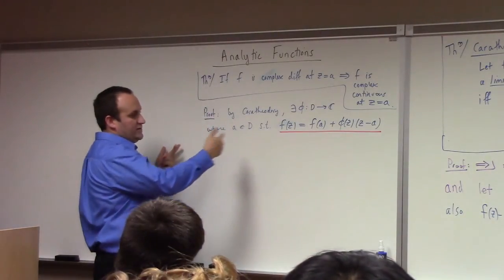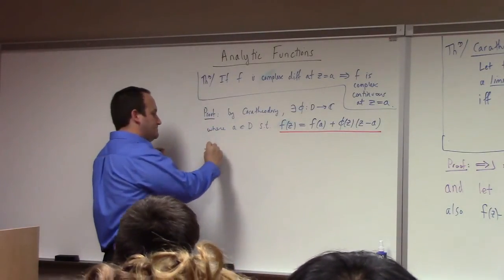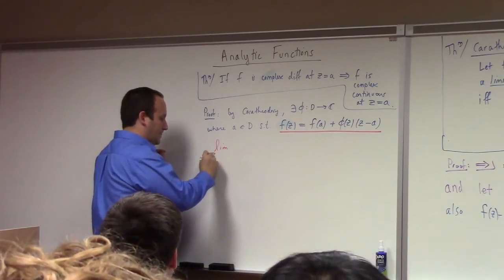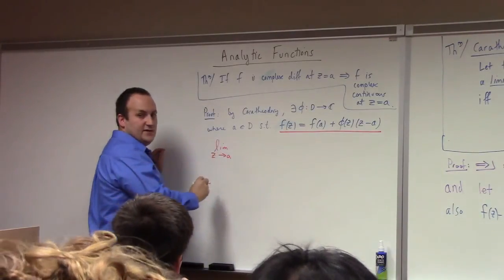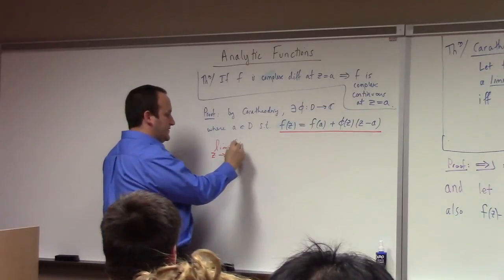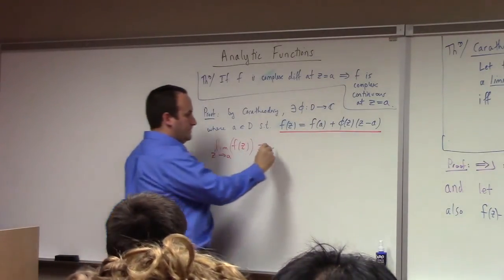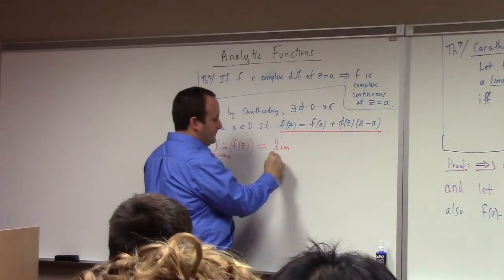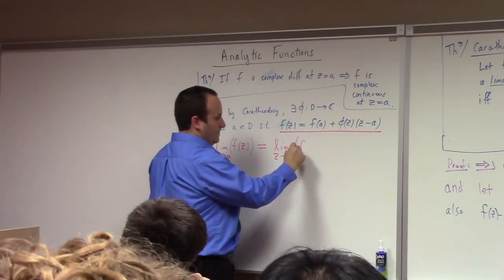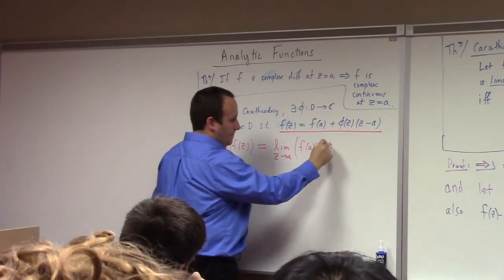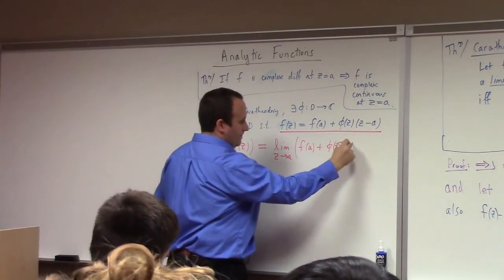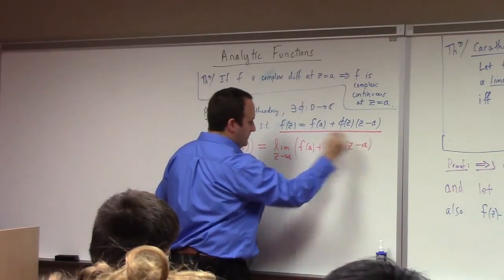So what do we have to do to show it's continuous? Calculate the limit as z goes to a of f of z. What's that equal to? By Carathéodory again.